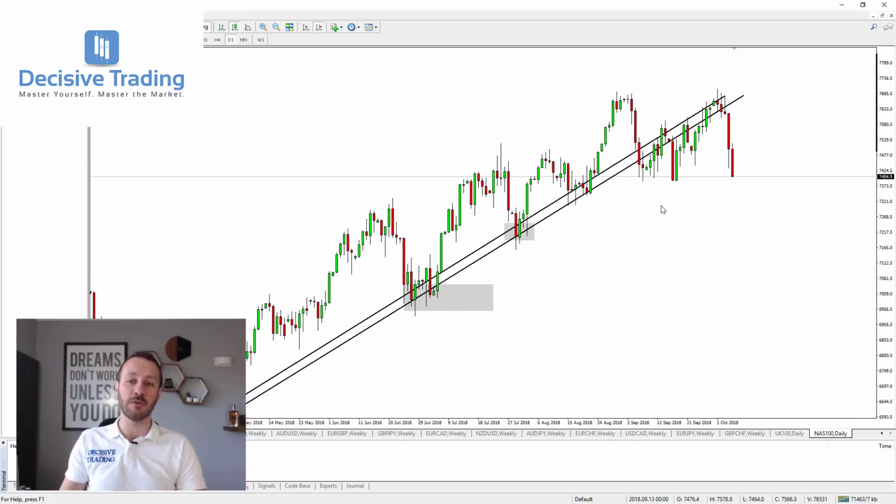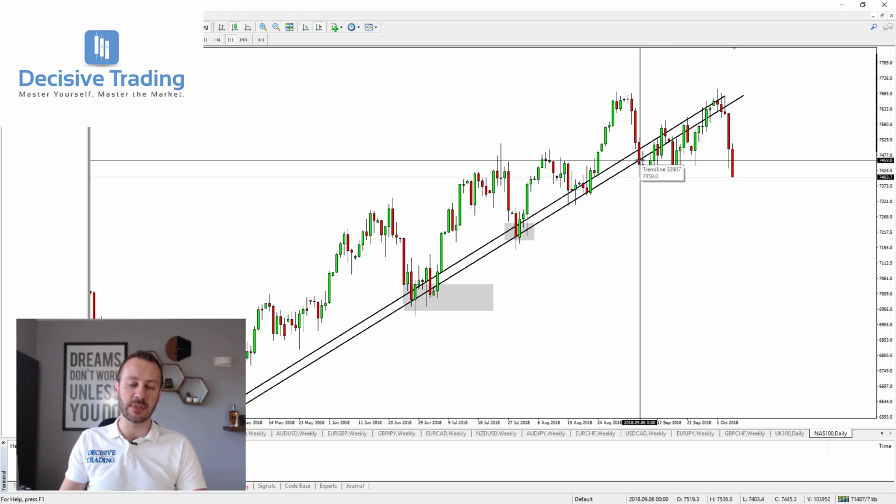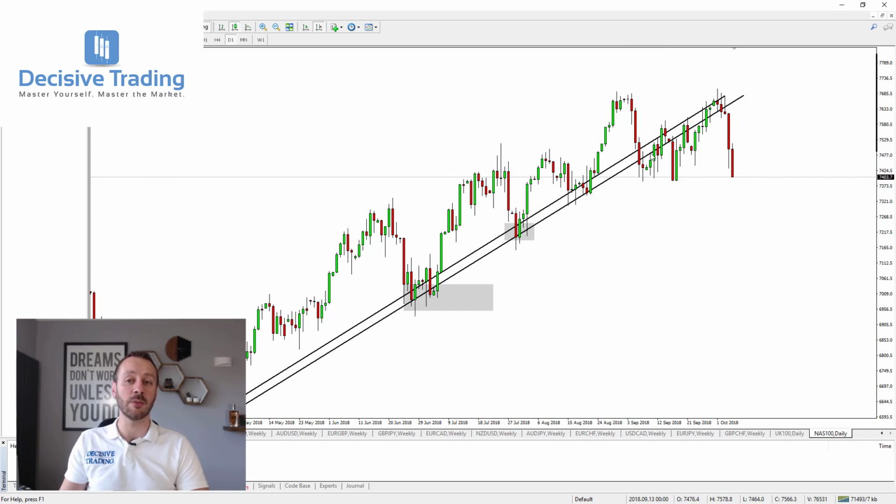Why was this also very useful? As we started to break down below the trend line, significant breaks below, accepting below this trend line, I knew that potentially this bullish trend was coming to an end.